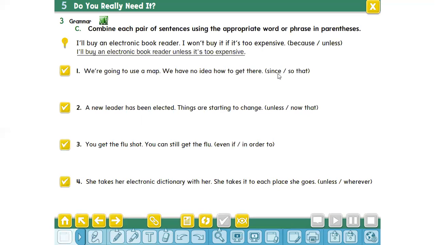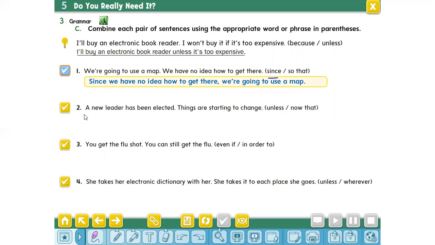We will use since or so that. Excellent. We will use since because we need an adverb which expresses information about the reason. Very good. So we will write this sentence. Since we have no idea how to get there, we are going to use a map.